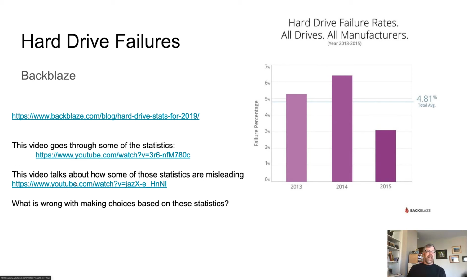This one basically says don't worry about the statistics. It's really interesting because it talks about how Backblaze is just buying random hard drives and using them, but not all hard drives are made the same.